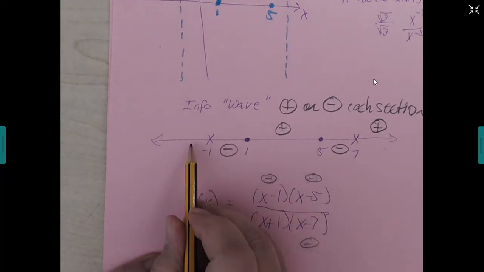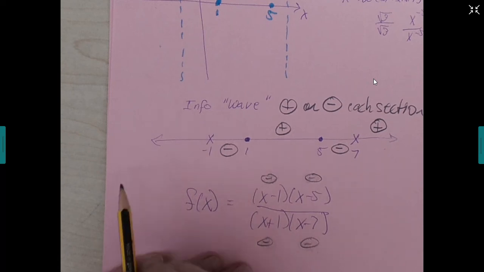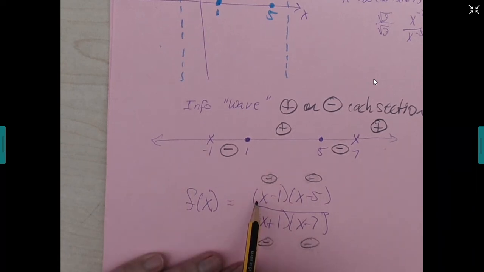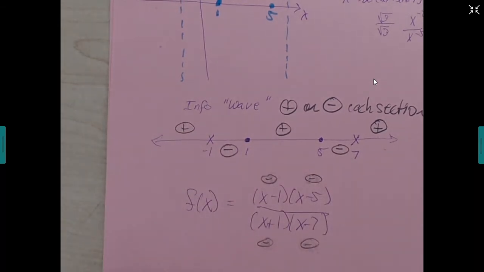You could have picked negative 2. You could have picked negative 10. You could have picked negative 5. Plunk the number into x if you don't believe me. Pick all those numbers down there and see if you come up with a 1, 2, 3, 4, an even number. A negative times a negative times a negative times a negative would give you a positive number. Check it out if you don't believe me.